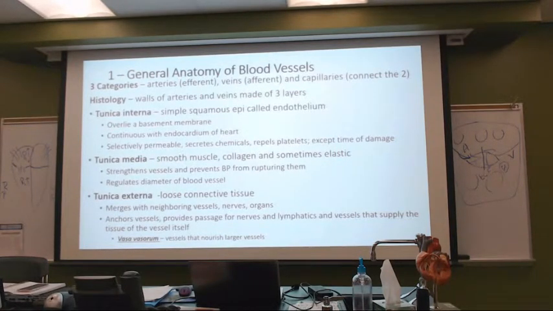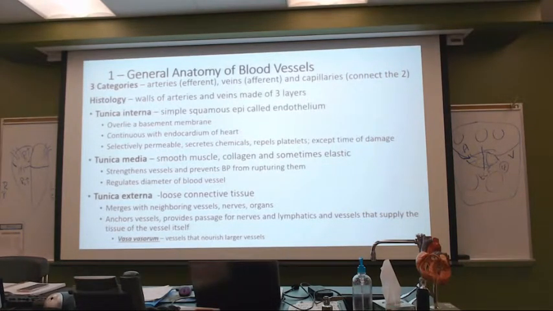Now, what could be the importance of that? Why is simple squamous important? What functions or activities does it make easy to do? Allow for transport, like moving in and out of the cell for nutrients. I have the ability for materials to move easily, i.e. diffusion.